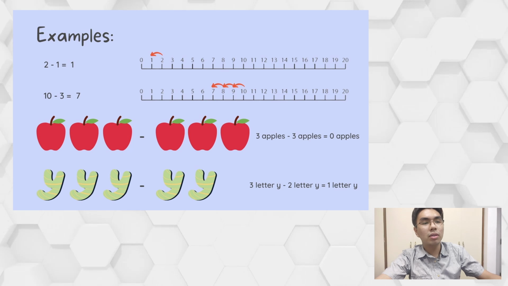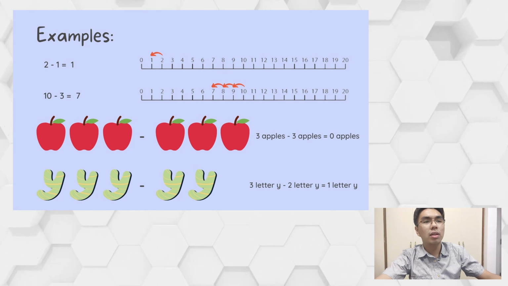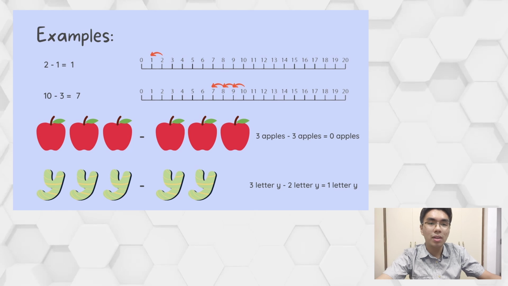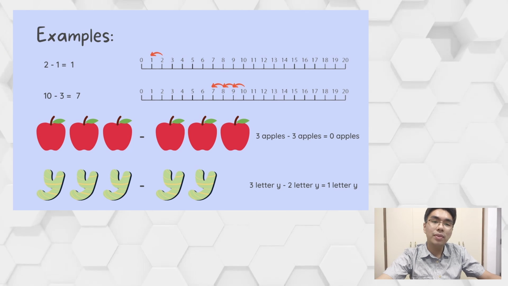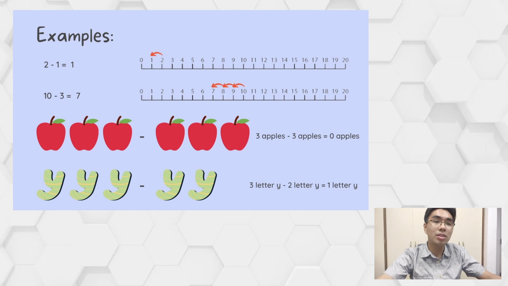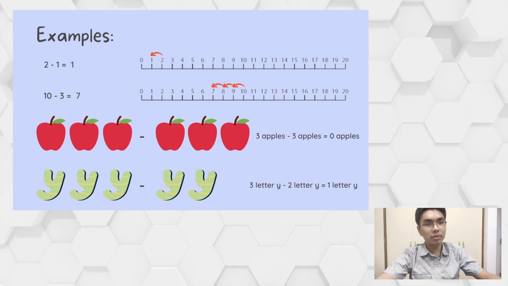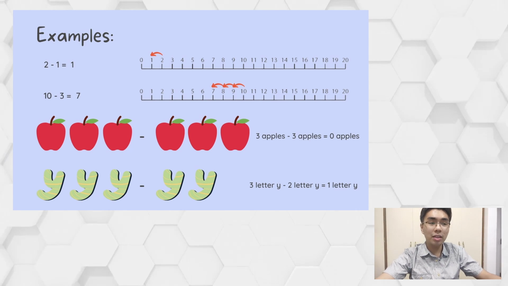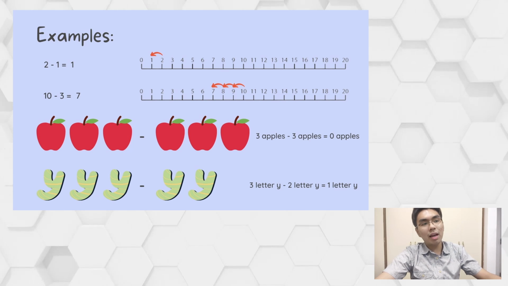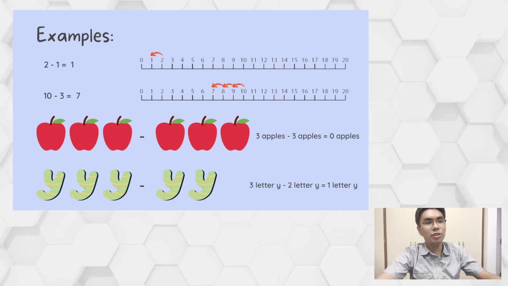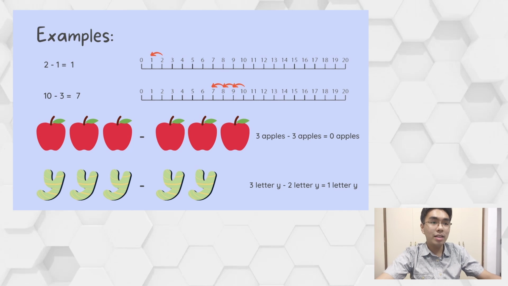And we get 1 as our final answer for this example. For the second example, 10 minus 3 is equal to 7. So we start from number 10, then count 3 times until we get to 7. So 1, 2, and 3. And 7 is our final answer.